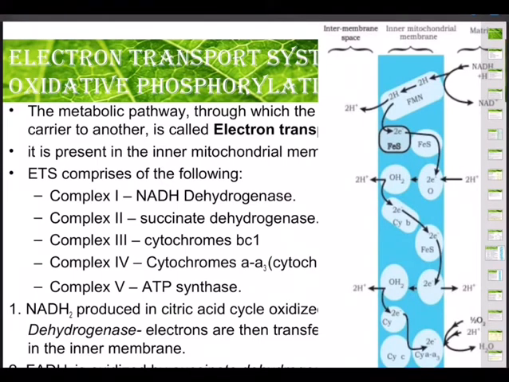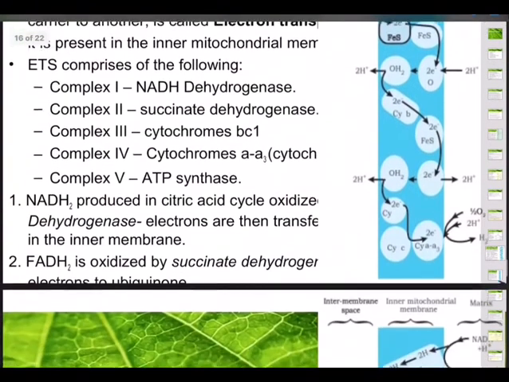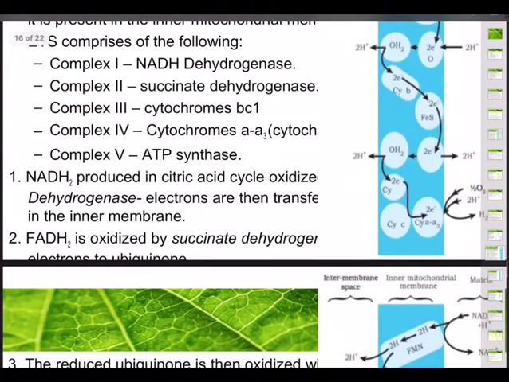The third one is cytochrome B-C1 complex, cytochromes B and cytochrome C1 complex. And then the fourth one is cytochrome C oxidase complex. And the fifth one is ATP synthase or mitochondrial ATPase. So there are totally 5 complexes in the ETS, electron transport chain.